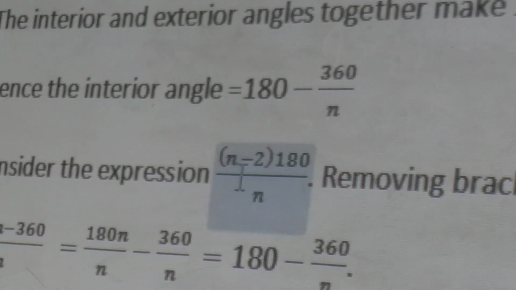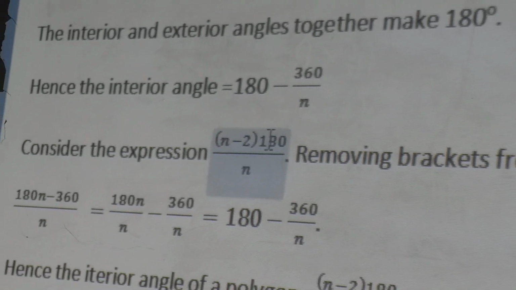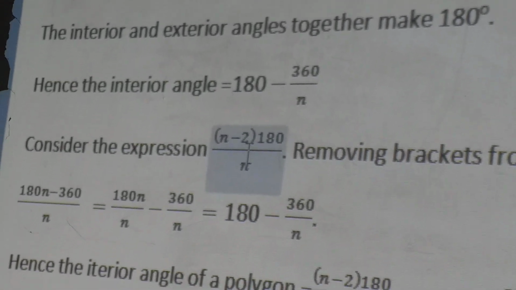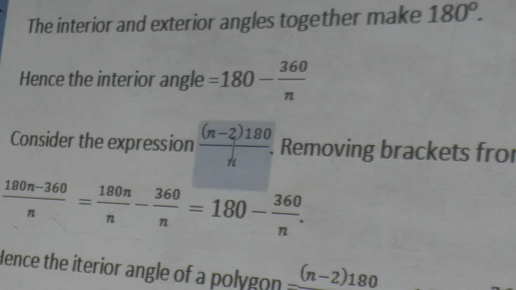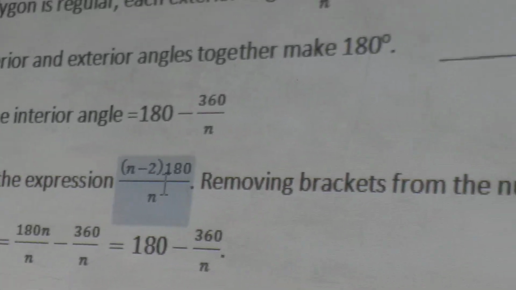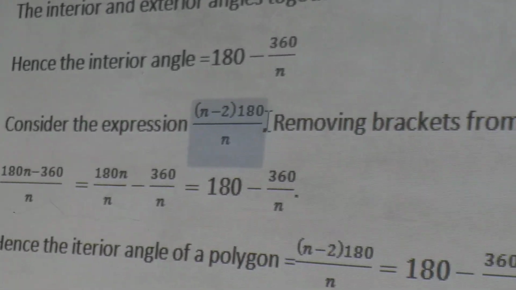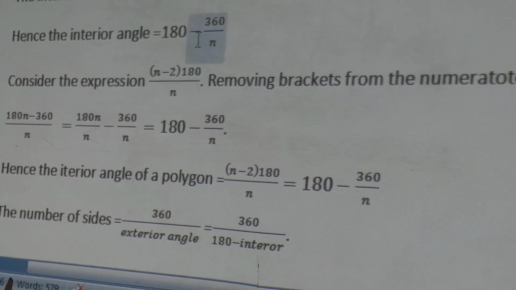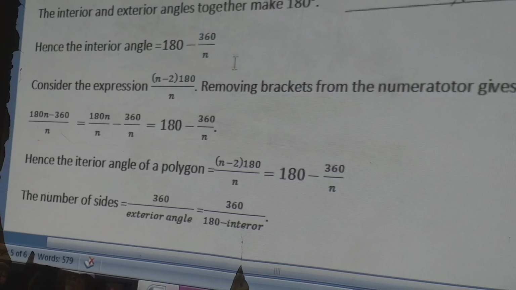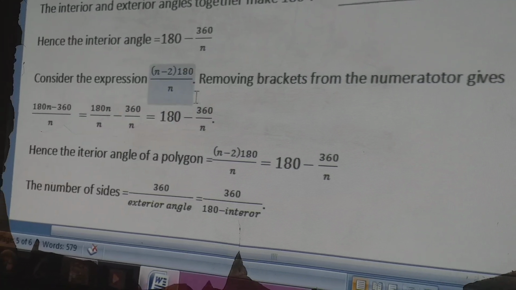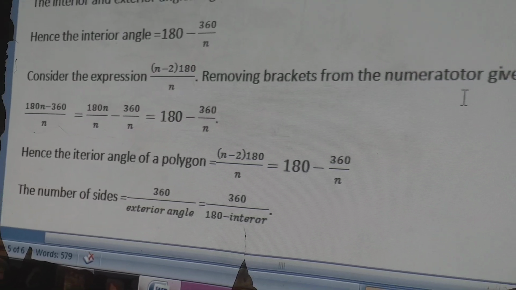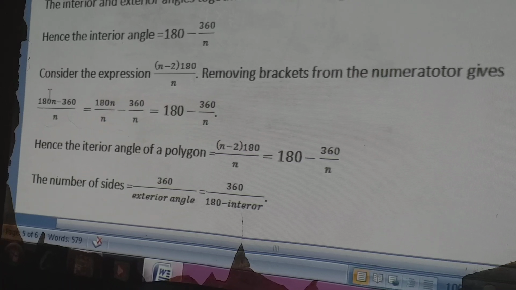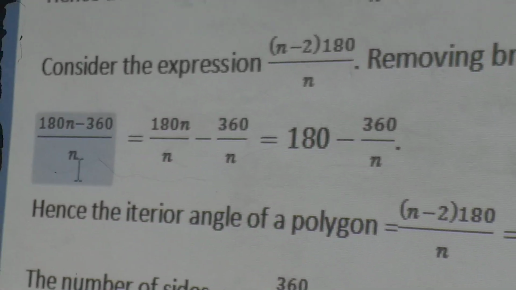Right, consider the expression (n minus 2) times 180 over n, which we know as the expression for the interior angle, but we want to show that it is the same as this. Removing brackets from the numerator gives 180n minus 360 over n.